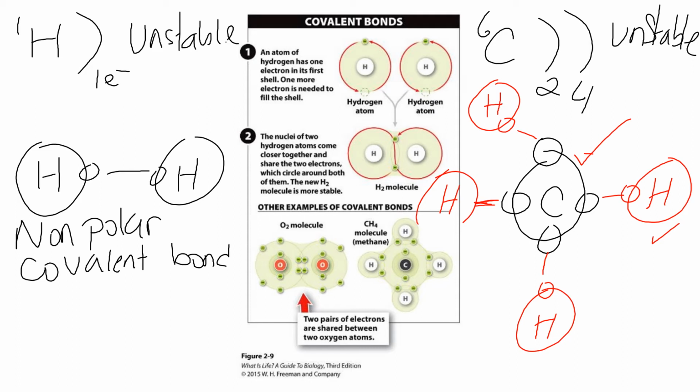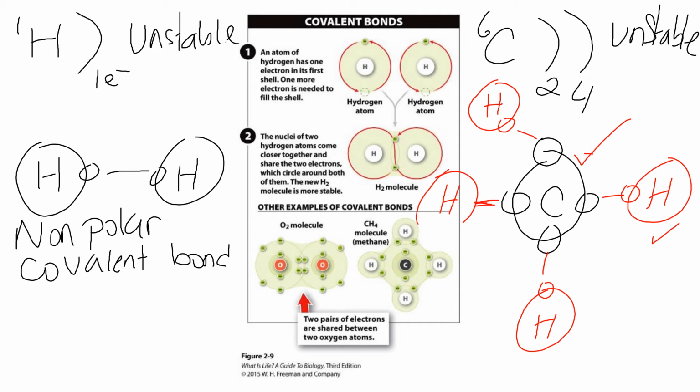And so right here, since carbon is sharing its electrons with hydrogen, when they share, we refer to it as a covalent bond. And because they are sharing it equally, we refer to them as nonpolar covalent bonds.